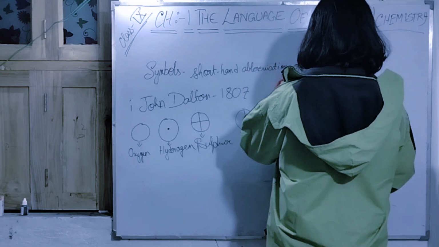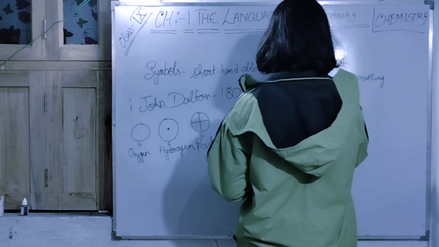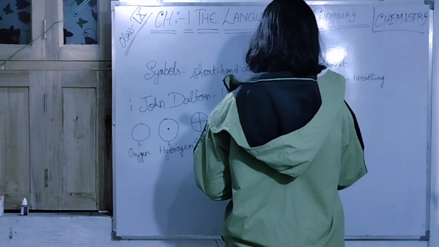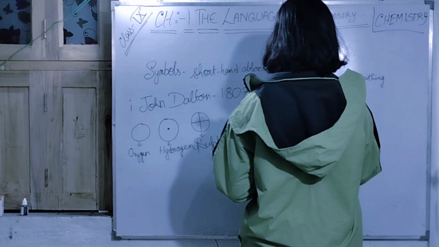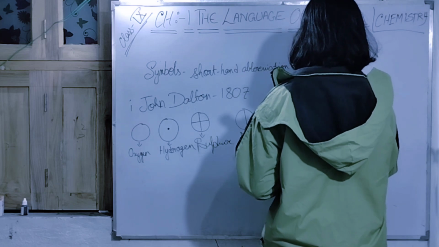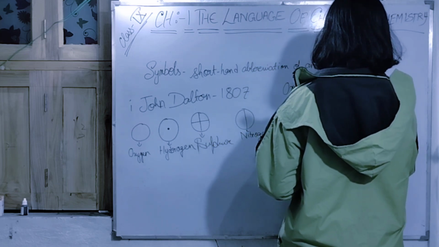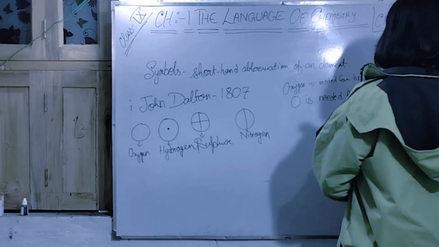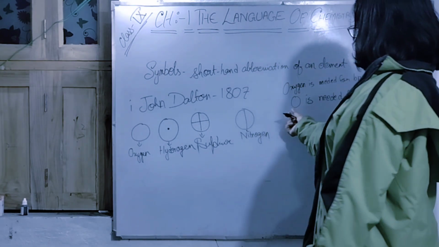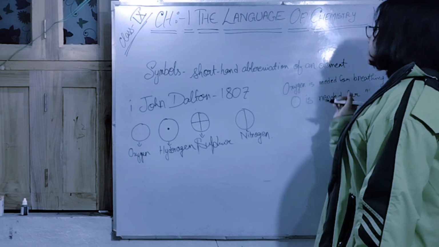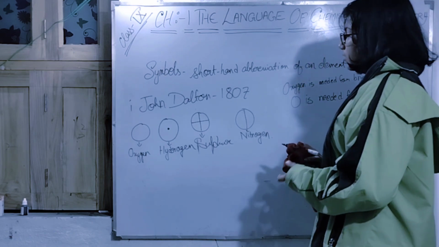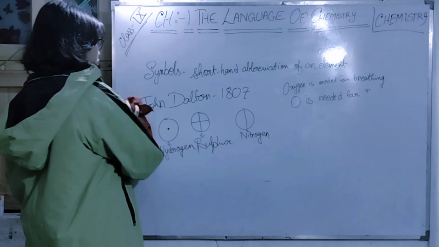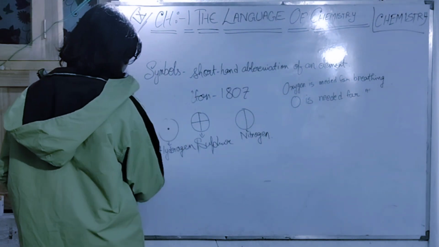Instead of writing oxygen in words, we'll be using the figure: oxygen is needed for breathing. If we draw this, we'll know that, oh yes, it is oxygen. But it created a lot of problems, as it could not represent all the elements.